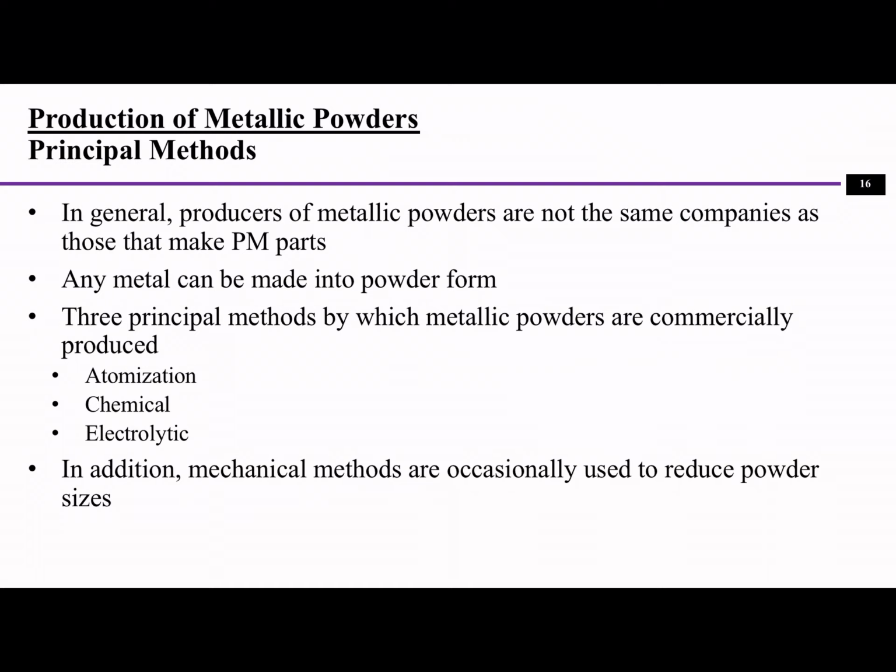And what are those processes for making the powders? Usually there are three main processes: atomization, chemical methods, or electrolytic methods as well. So typically, any kind of metal can be made into powder.